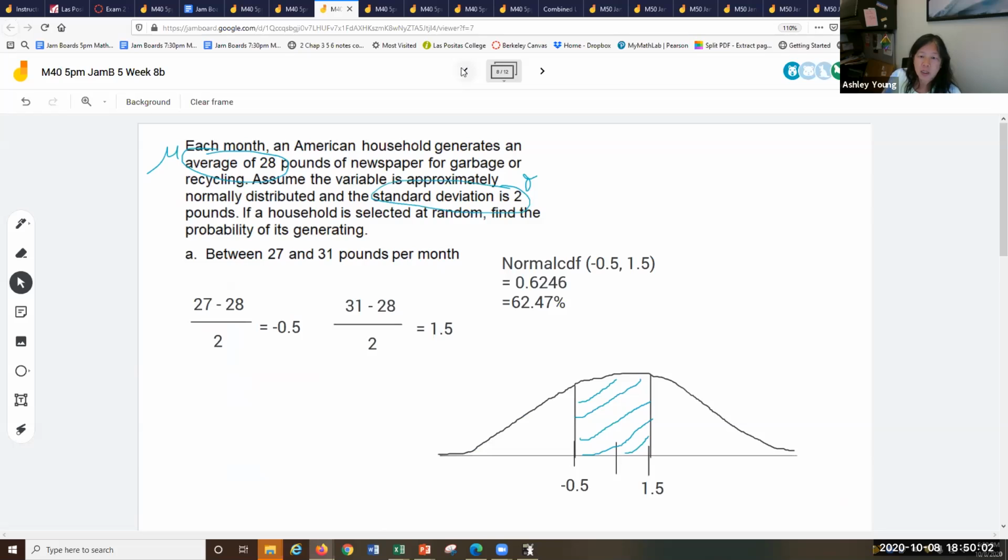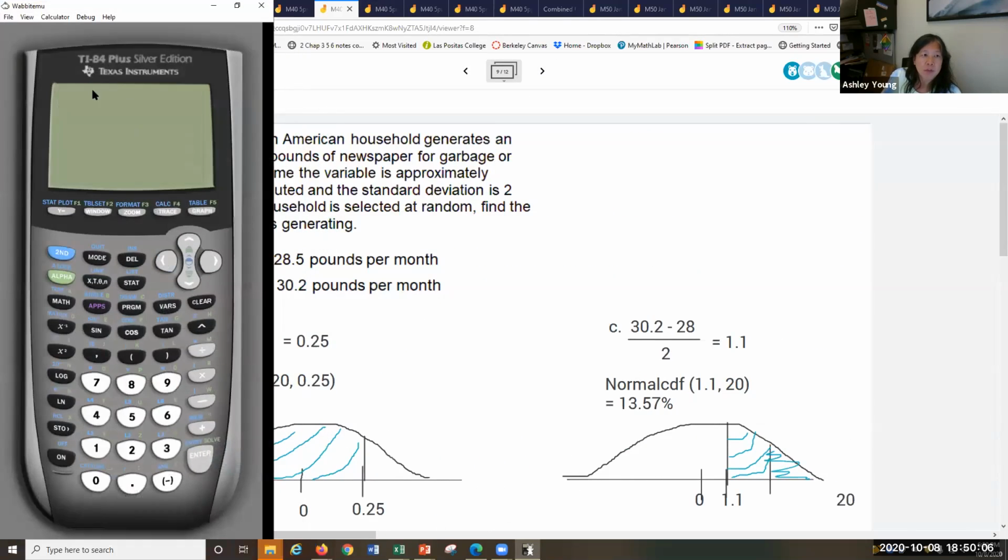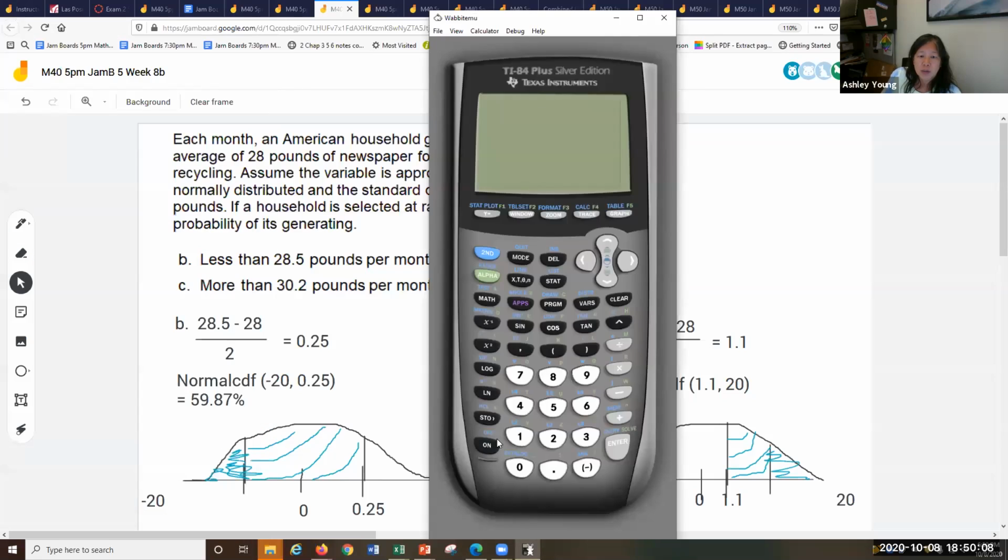Hold on. Let's take a look at B. It's fine. So you're doing second vars, normal CDF, and you just pick any large negative number. So negative 999, comma, 0.25.